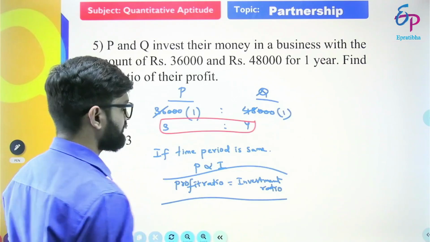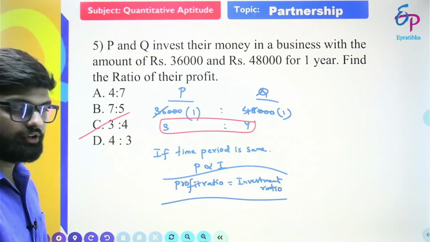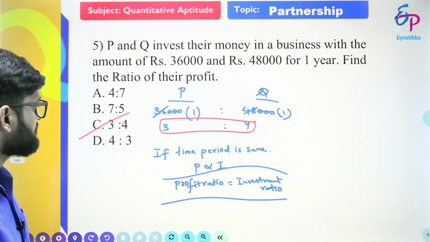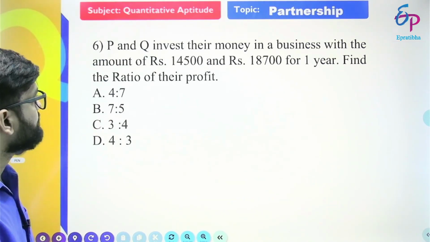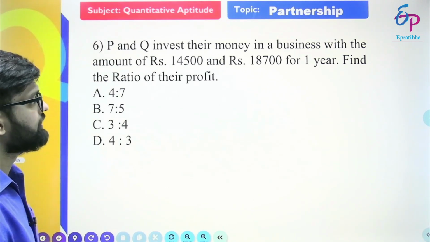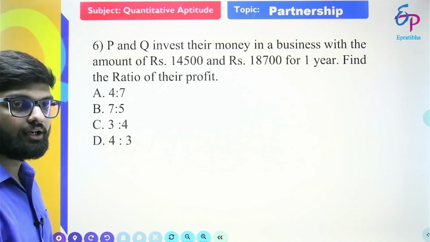The profit ratio will depend only upon the investment ratio. That is 3:4.